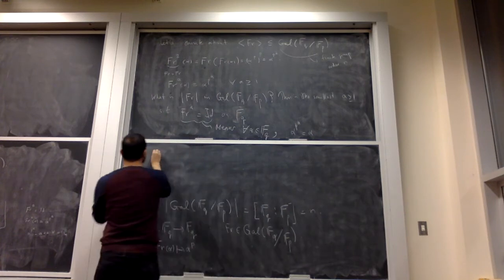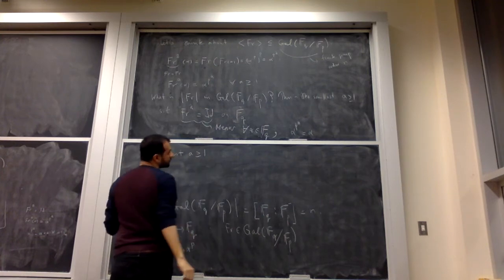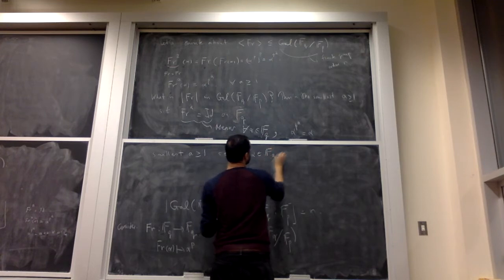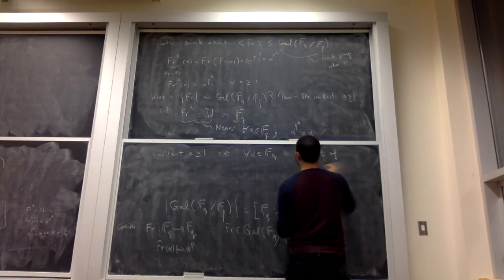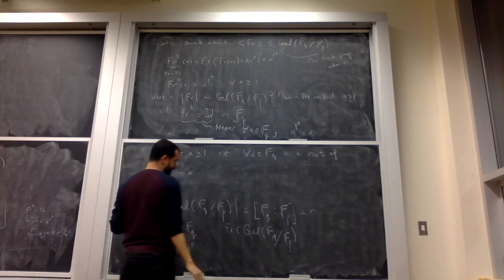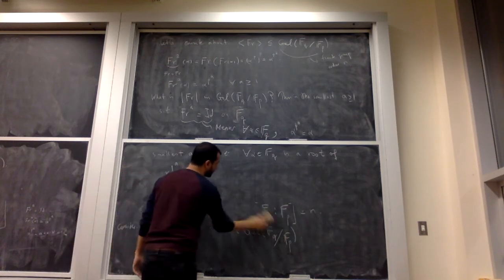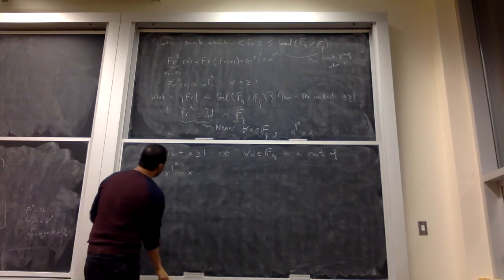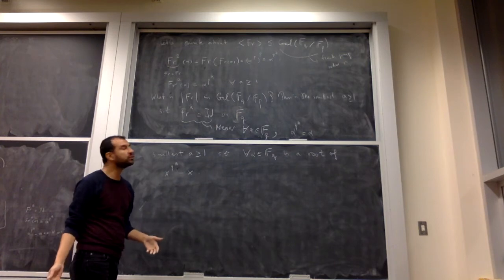So we're looking for the smallest a such that every alpha in FQ is a root of x to the power of p to the power of a minus x. Well, this is a polynomial of degree p to the power of a. It can have at most p to the power of a roots.